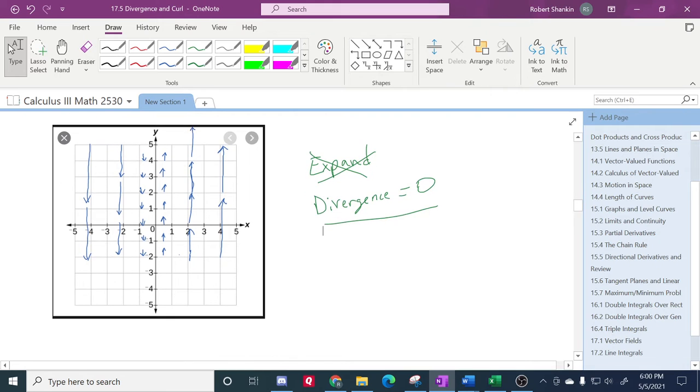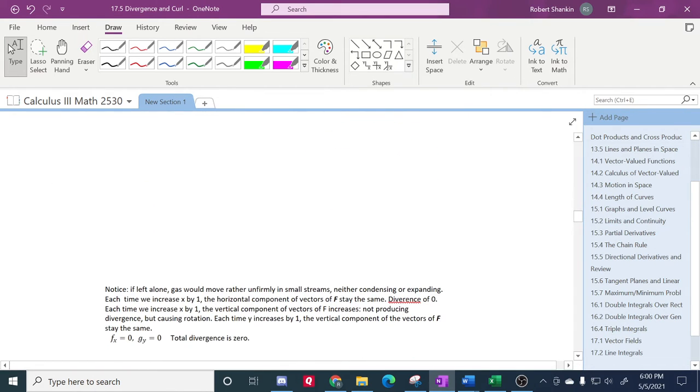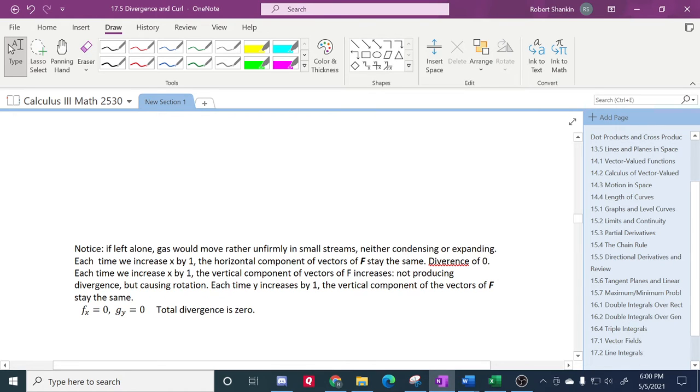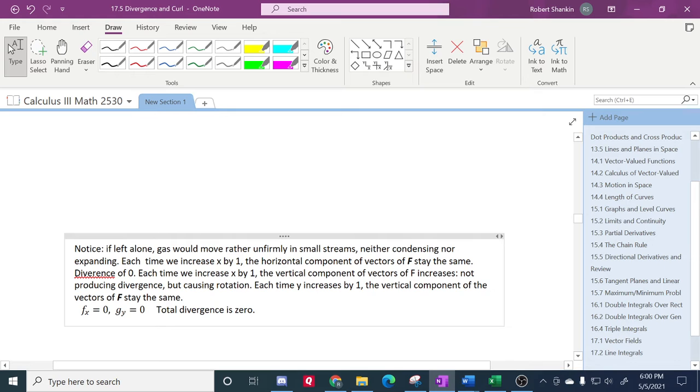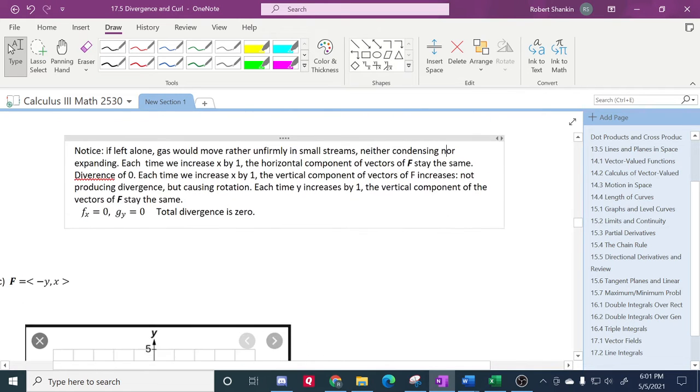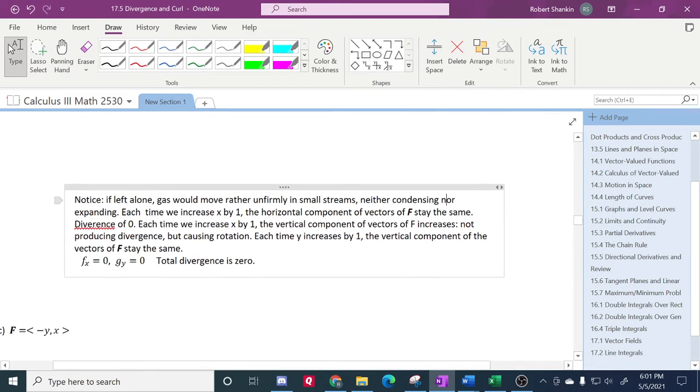All right, now, and here, notice, if left alone, gas would move rather uniformly in small streams, neither condensing nor expanding. Each time, technically, should be an n. Each time we increase x by 1, imagine anywhere here, you increase x by 1, you're moving to the right. So we increase x by 1, the vertical component of f increases.